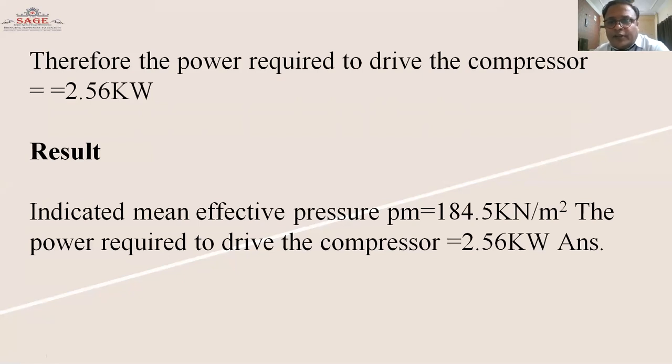So the value of indicated mean effective pressure is 184.5 kilonewton per meter square, and the power required to drive the compressor is 2.56 kilowatt.